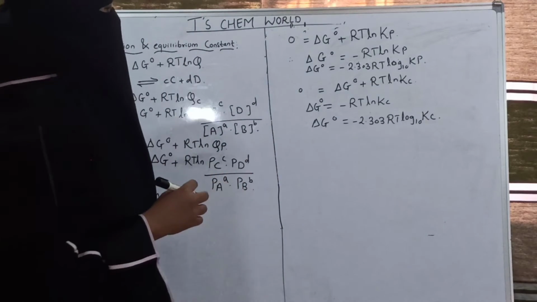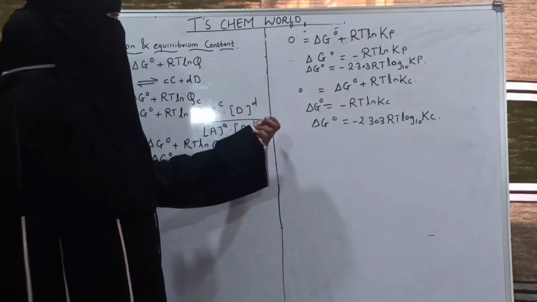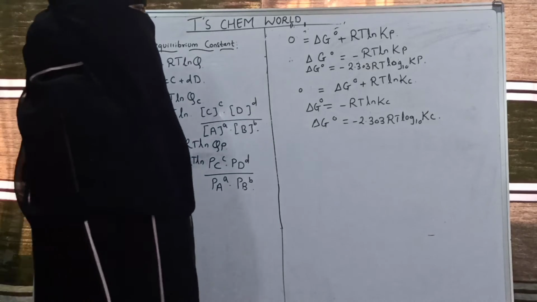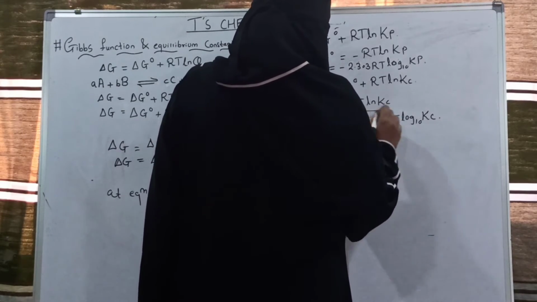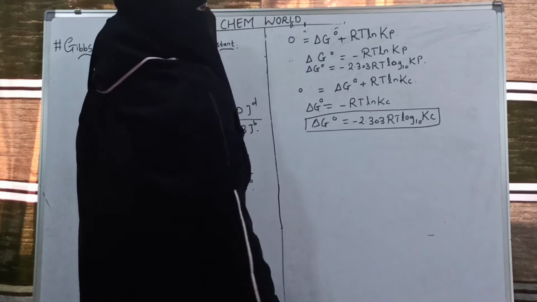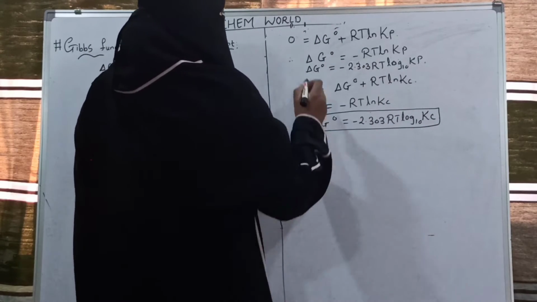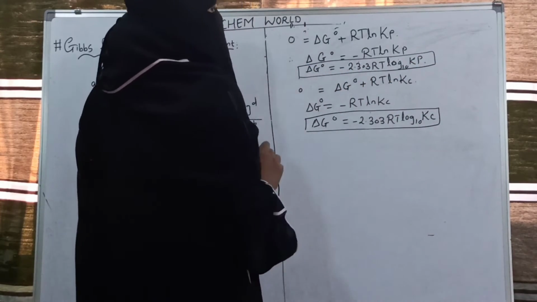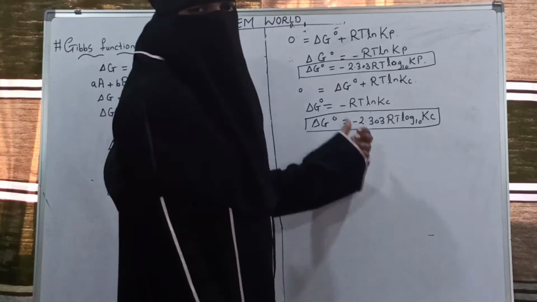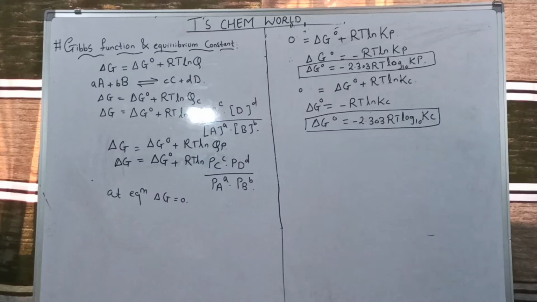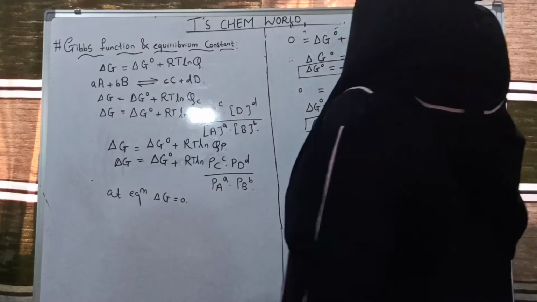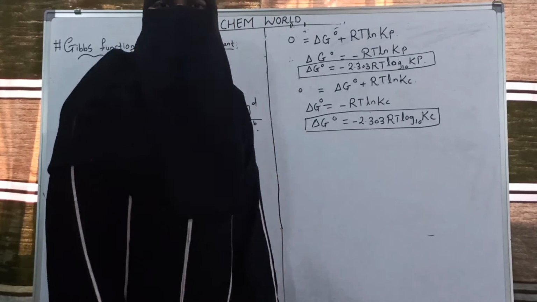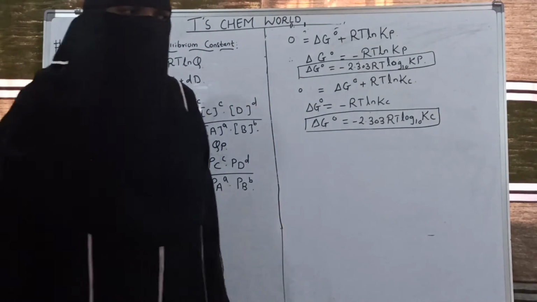So these are the different expressions for the value of delta G0. Now we will solve one problem on the basis of these equations.